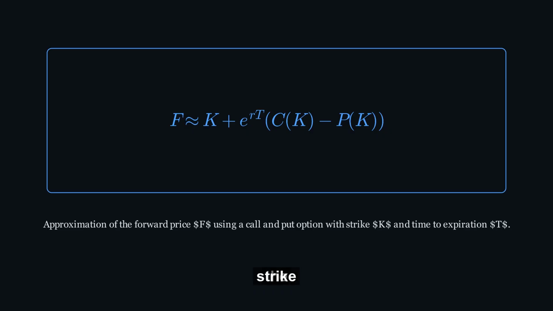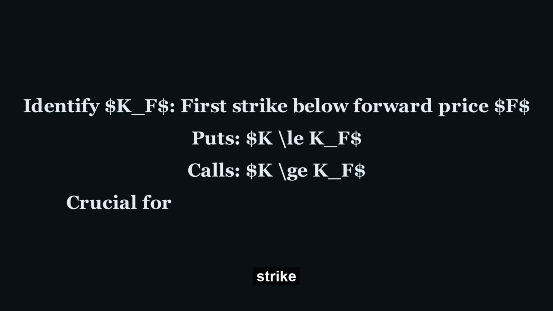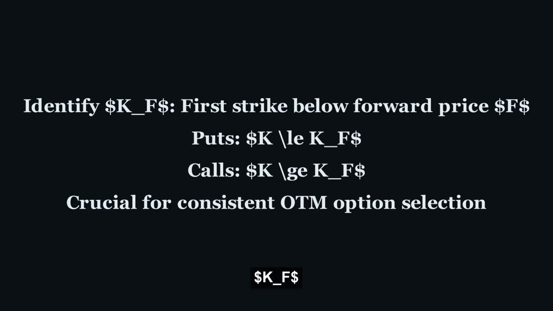More formally, it's the strike $K that satisfies the condition where the call price $C, minus the put price $P, is approximately equal to the present value of the difference between the forward price and the strike, discounted at the risk-free rate. Once the forward price $F is established, we identify the first strike below the forward price, denoted as $K_F. This strike is pivotal because it acts as the dividing line for our out-of-the-money options selection.